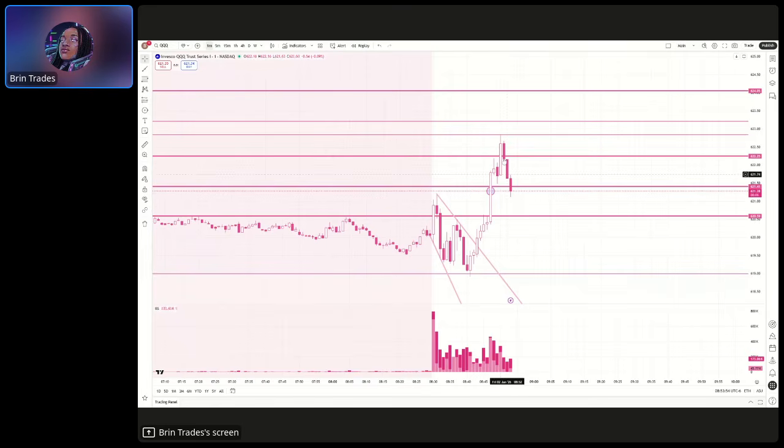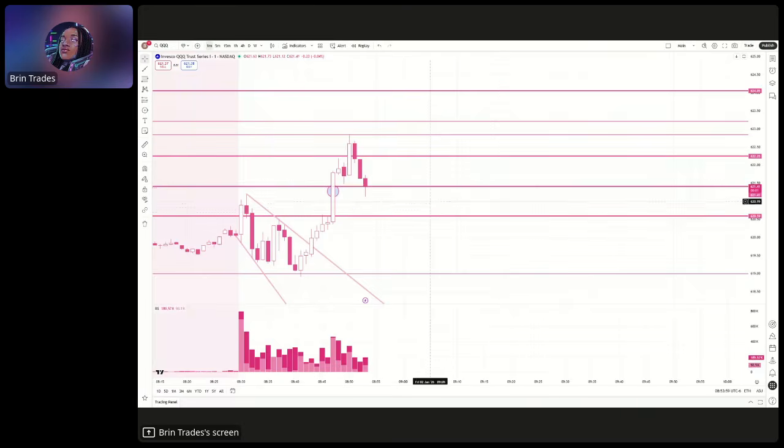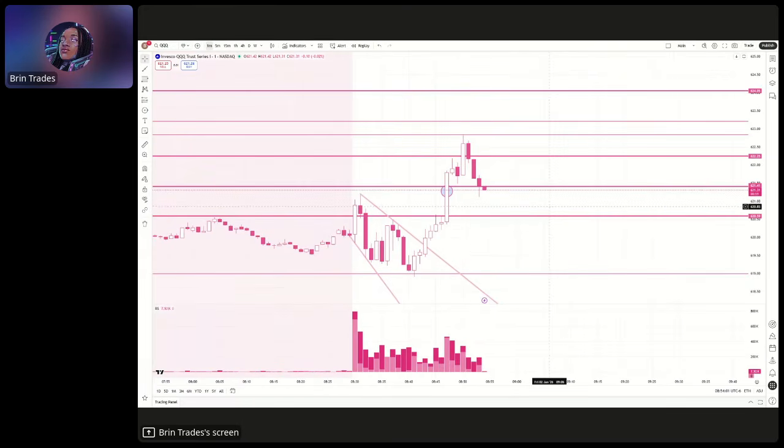Yeah, part of me is regretting why I didn't get out here, since there was an obvious rejection at that gap. I'm going to see if price will break structure or continue to the downside. At least the contracts are back up 1 point. Oh, nope, never mind. They're down 2%.